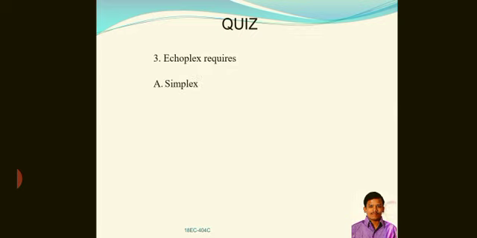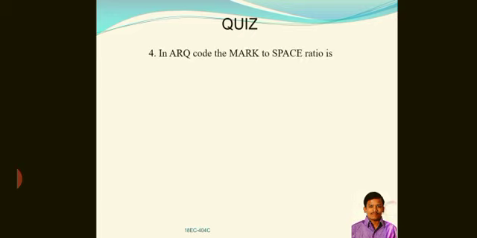Third question, echoplex requires: A, simplex; B, duplex; C, half duplex; D, both B and C. So the answer will be duplex. Fourth question, in ARQ code the mark to space ratio will be: 1:4, 3:4, 4:3, 3:3. The answer will be 3:4.